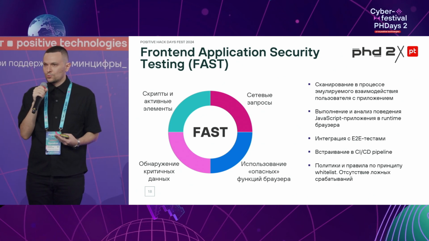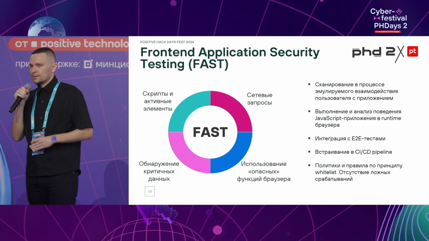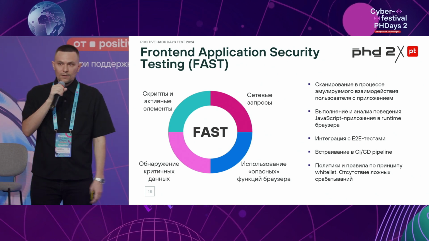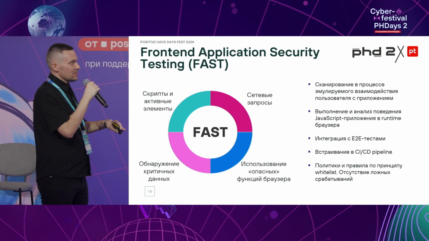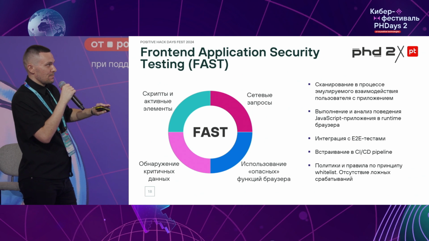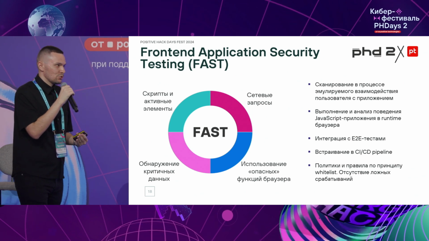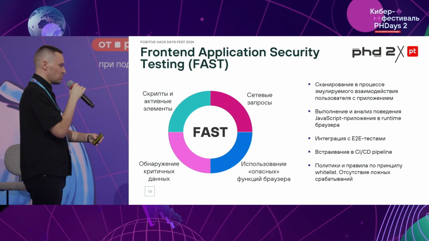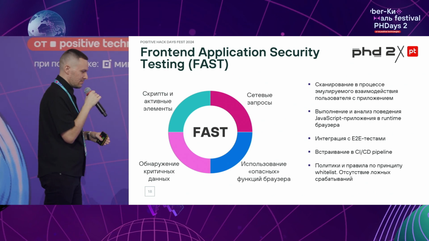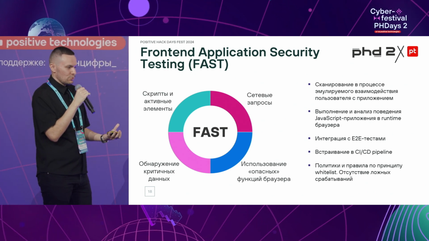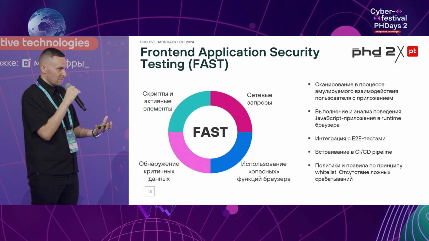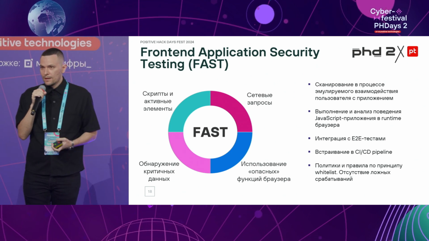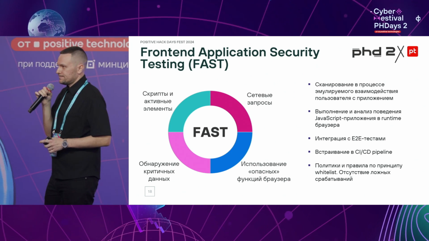First, it's only in the content layer of the browser that you can understand what the app is actually doing. So the scanner must operate a scanning principle. And the scanning must be performed during an emulated interaction with our user. It is fully ready, fully deployed browser-based application.